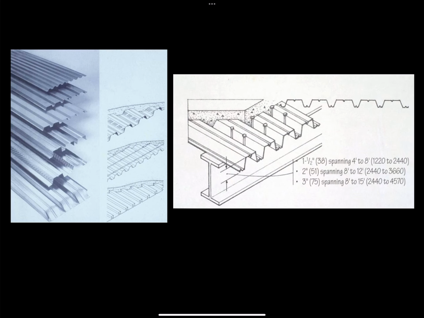And welded to the top of the beam are shear studs, those vertical studs that you see projecting through holes that will be drilled in the corrugated deck. And then once the concrete is poured, it bonds to those shear studs, and that makes the building into a rigid diaphragm. The image on the left just shows that there are hundreds of different profiles of corrugated steel deck.